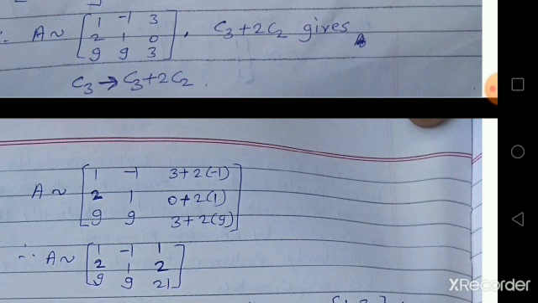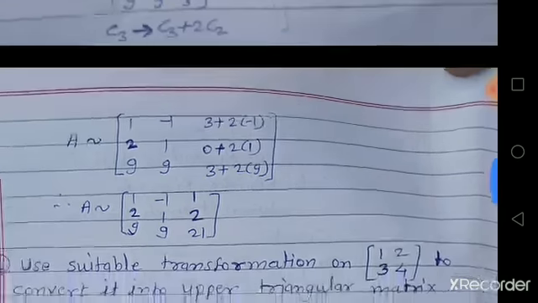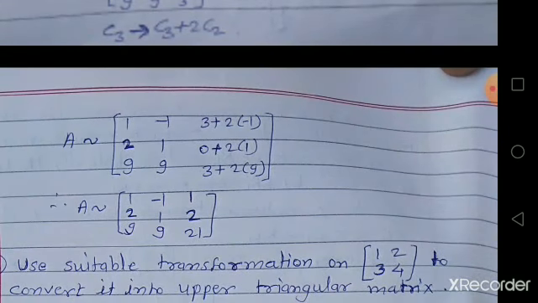Second element 0 plus 2 into 1, and third element 3 plus 2 into 9. So the third column changes to 1 2 21. The new matrix A is equivalent to first column 1 2 9, second column -1 1 9, and third column 1 2 21.